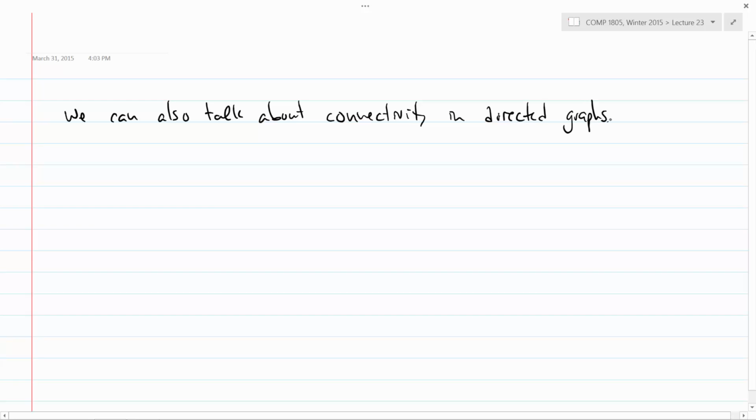So we can also talk about connectivity in directed graphs. And in this case, there's really two types of connectivity, right?